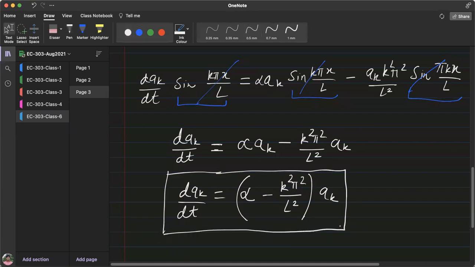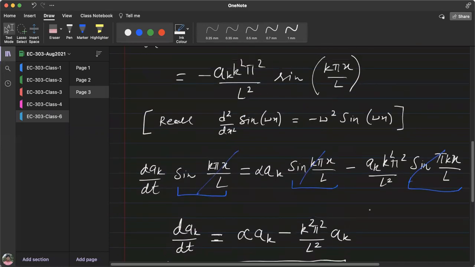Is this clear to everyone? Any questions? So just see what we have done. I think what we have done is really amazing. Rather, what Fourier helped us do was something really amazing, right?